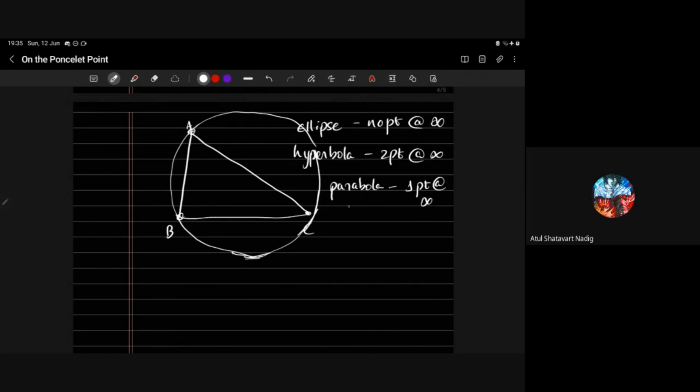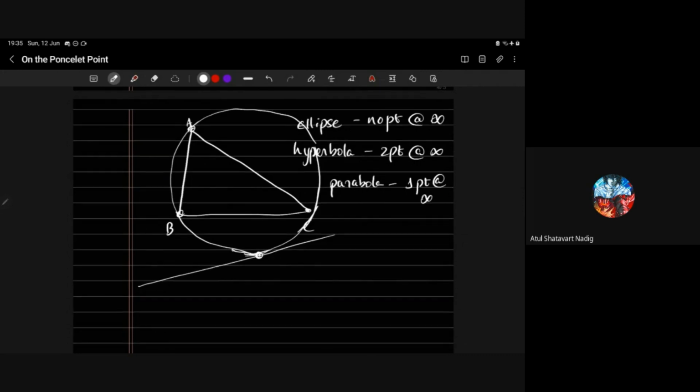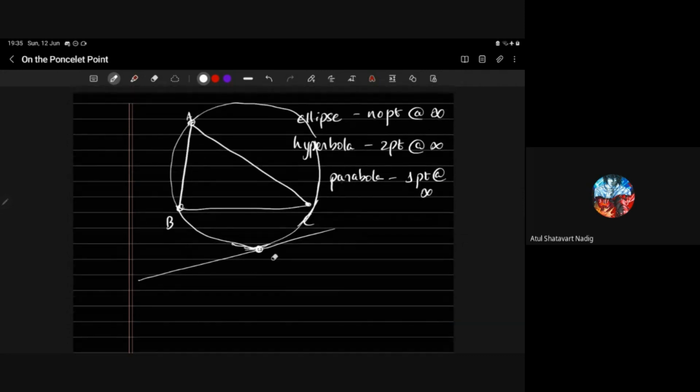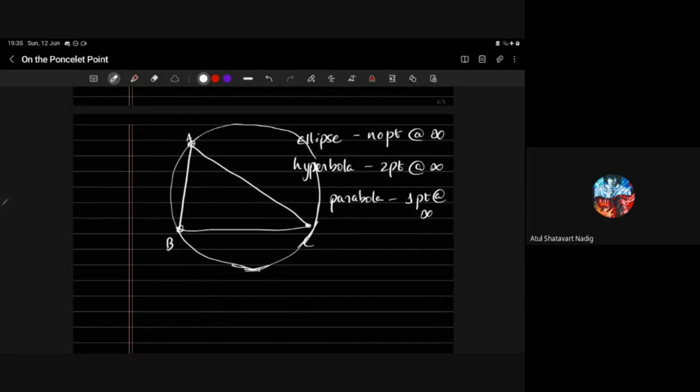So if a parabola is the circumconic in consideration, it has only 1 point at infinity, which means the isogonal conjugate must touch the circumcircle. So basically, some line like this. There's only 1 point here, and the isogonal conjugate of this will correspond to the point at infinity of the parabola. Okay then.